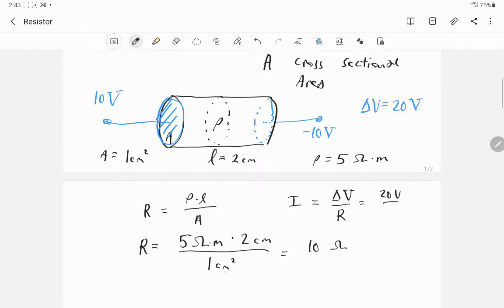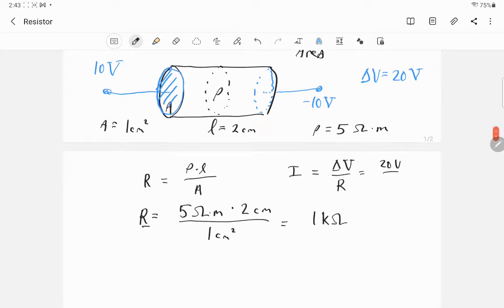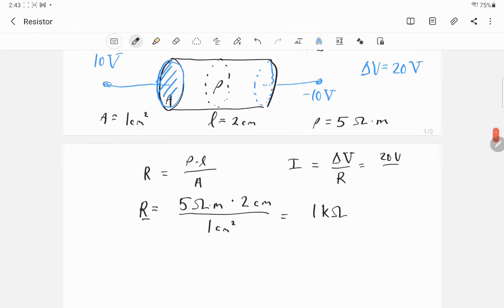Remember, a centimeter is 10 to the minus 2, so this is 10 to the positive 2 on the top, because a meter divided by a centimeter is 100. So this multiplies by 100, and this is 1,000 ohms. So let me shortcut to it: it's a 1 kiloohm. That's the resistance in this case.